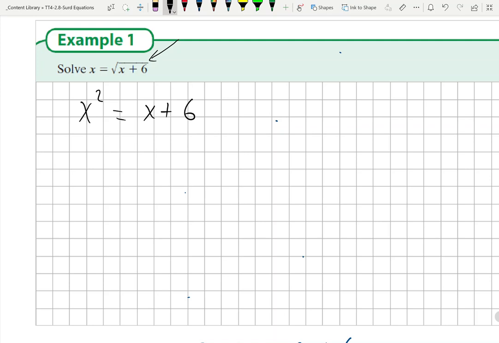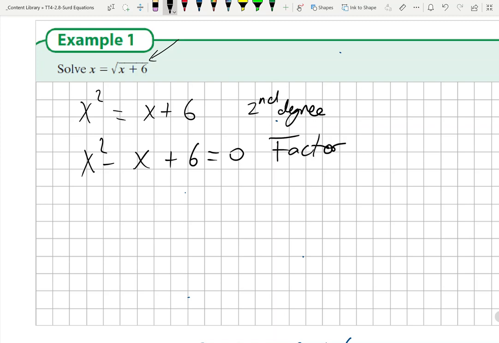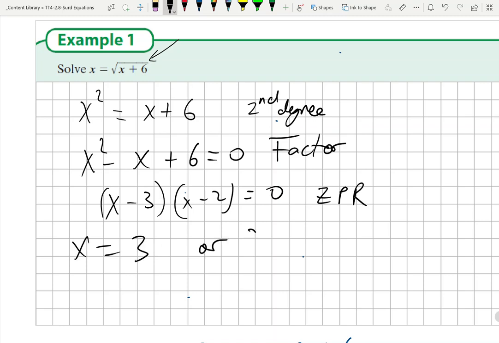Now we'll identify this as degree 2, so we'll put all terms on one side. We'll try to solve by factoring first, which will be fine. We'll use the zero product rule, and we'll check.